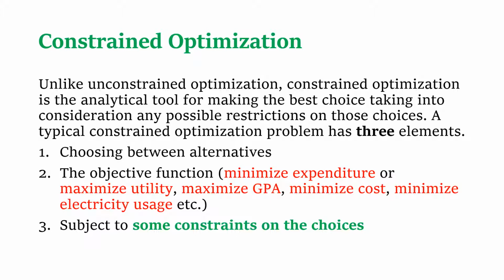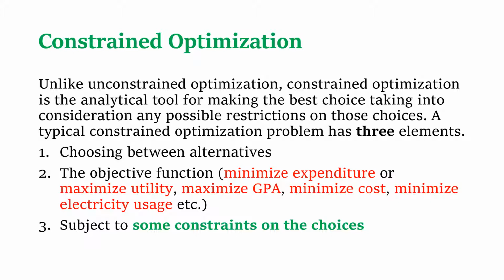So these are some of the restrictions imposed on the courses you have to choose in order to maximize your GPA. So maximization of your GPA becomes what? The objective function. That is your primary goal. That is your objective, right?